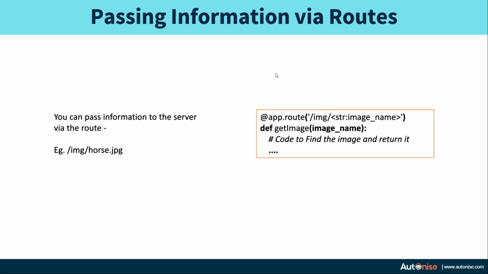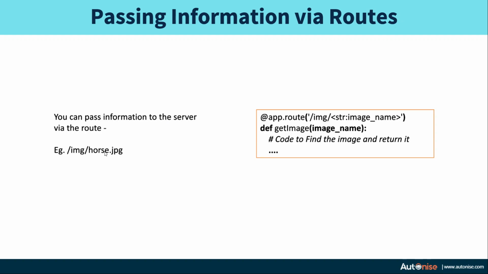During learning about the GET request, I told you that you can pass information in the GET request as well. Though it will be limited, you can send information in a GET request. Let us see how to do that by passing information via the routes. As you can see over here, let's say you want to pass some information to the server. You want to get the image of a horse.